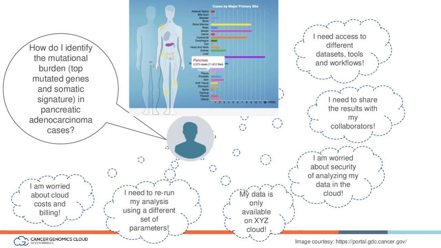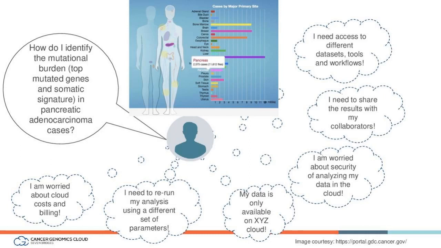As you can see, there are lots of varieties of data sets available across the board. And the researcher has several questions and concerns. Some of them I have listed here. For example, you may think that I need access to all these different data sets. I need to see them in one place. But that's not enough. If I have the data sets, but I don't have access to the tools, then what do I do?